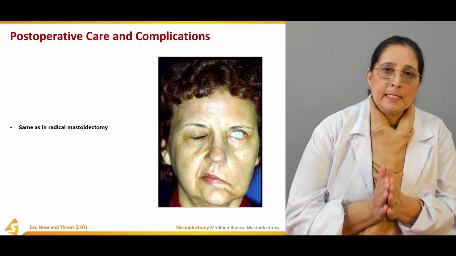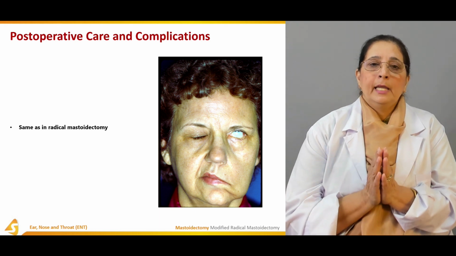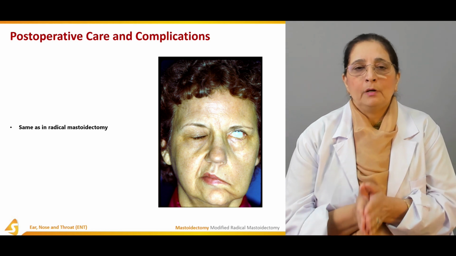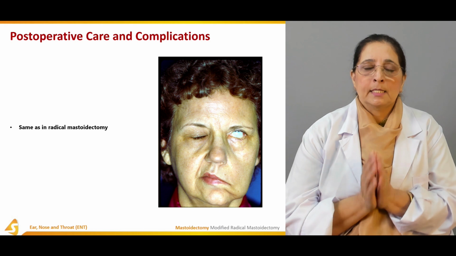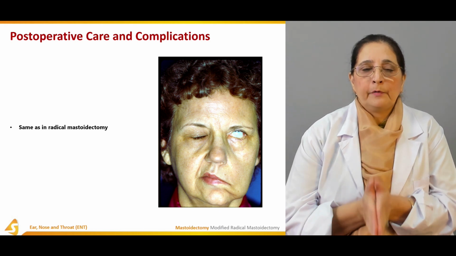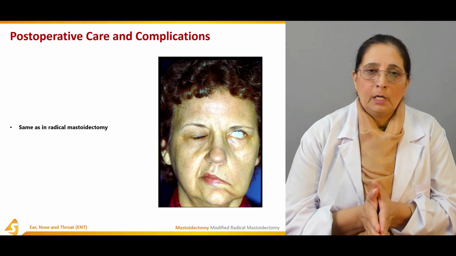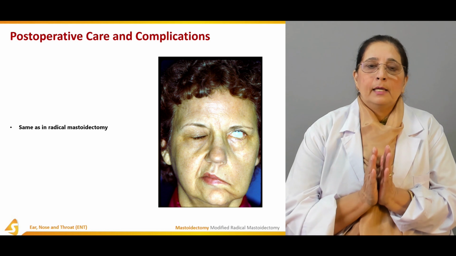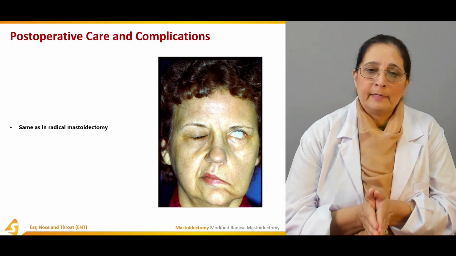In all the cases other than cortical mastoidectomy, in which we use general anesthesia, we can use general or local anesthesia in most cases. And then for post-operative care, mainly we need to keep the wound clean. Dressing is important. Sutures are removed after 6 to 7 days.